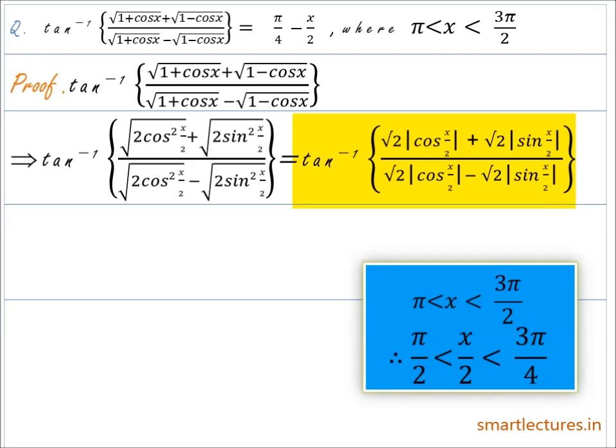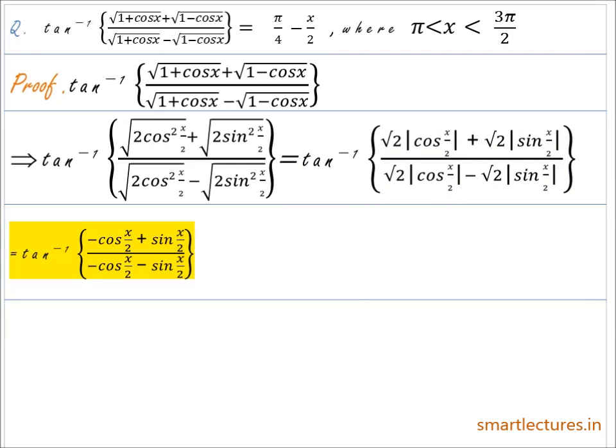So that means modulus of cos half x is equal to minus cos half x, and modulus of sine half x is equal to sine of half x. So now this expression is equal to tan inverse of (minus cos half x plus sine half x) divided by (minus cos half x minus sine of half x).